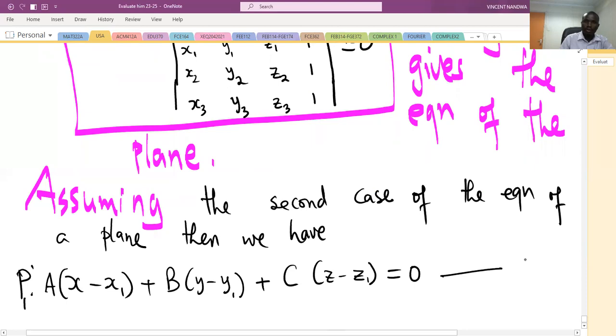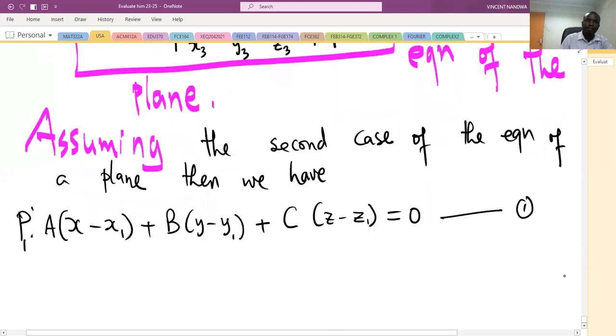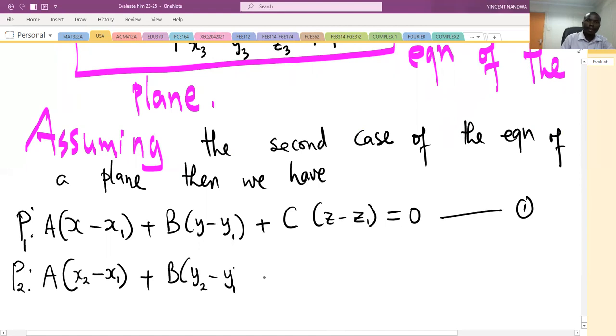I call this one equation 1. For P2, I use the same equation, where I replace x by x2, so I have A(x2 minus x1) plus B(y2 minus y1) plus C(z2 minus z1) equals 0.